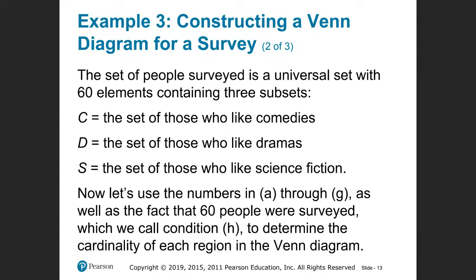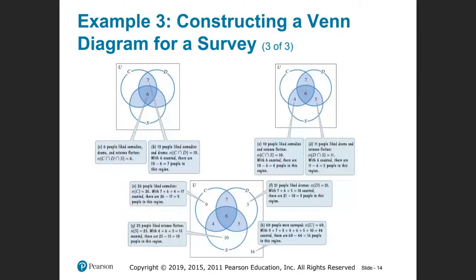Then we're going to use the numbers that were given on the previous slide, as well as knowing that 60 people were surveyed, which we call condition H, to determine the cardinality of each region in the Venn diagram. Okay, we draw our three circles, C for comedies, D for drama, and S for science fiction.